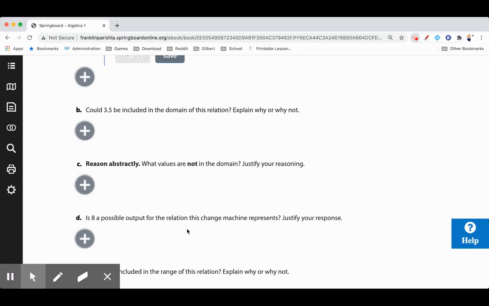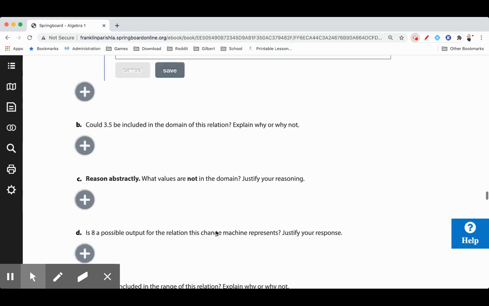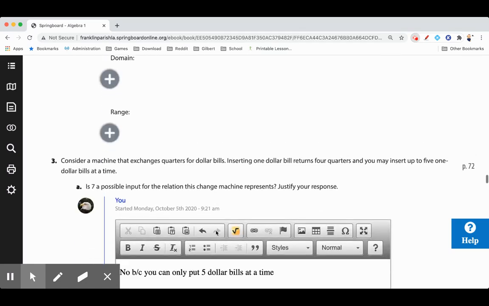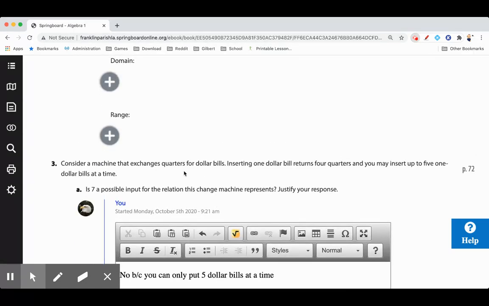D, is 8 a possible output for the relation that this change machine represents? Well, let's go back up to it. What do we get out? We get out quarters. So we're going to get out 4 quarters, 8 quarters, 12 quarters for 3, 16 quarters for 4, and 20 quarters for 5.